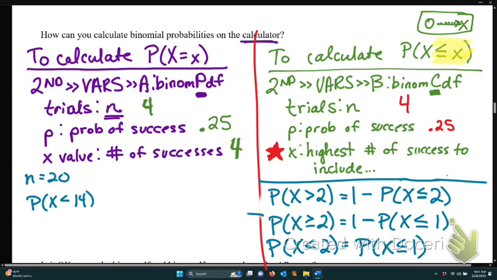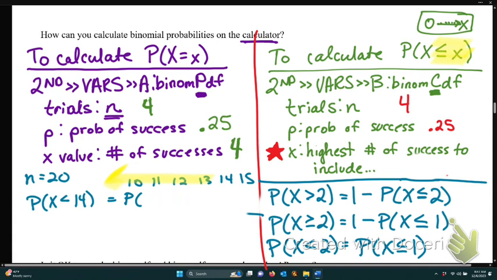I literally always do this. I write out the numbers that are near that number. So like 10, 11, 12, 13, 14, 15. And I go, okay, if x is less than 14, that means I'm doing 13 or lower. And so that gives me a visual of what I'm finding, which is the probability that x is less than or equal to 13.